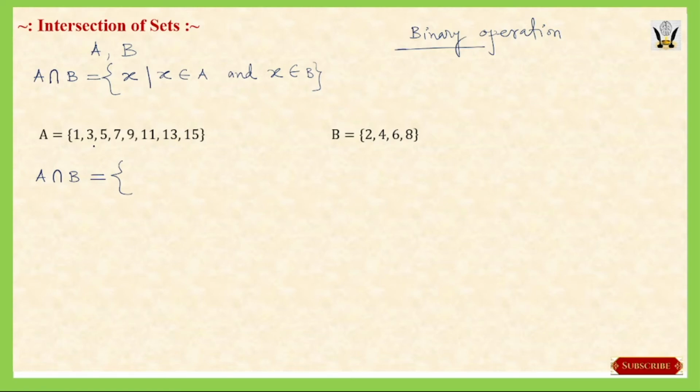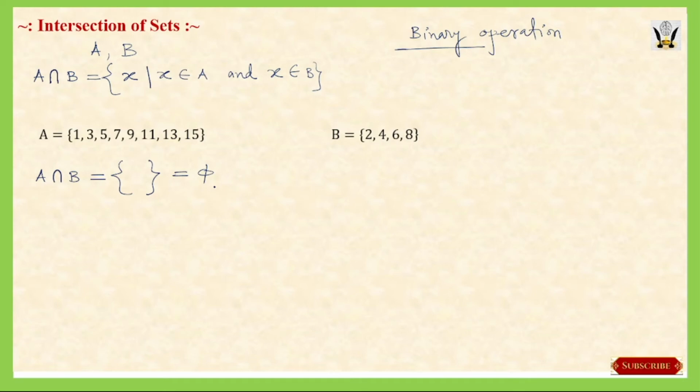As we can see, all the elements which belong to A and B are different, so there is no common element between A and B. That means the new set, the intersection between A and B, will have no element, so this will be an empty set, and we already have the concept of an empty set.